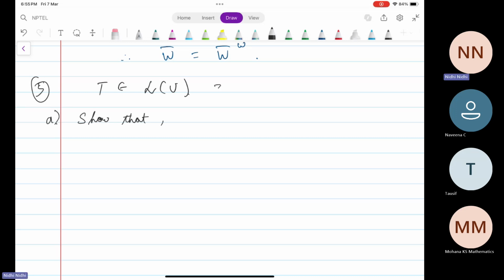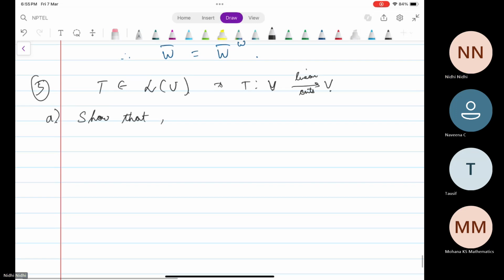Now this implies T from V to V is linear and continuous with respect to the strong topology, when both domain and codomain are V, a Banach space with its norm topology.